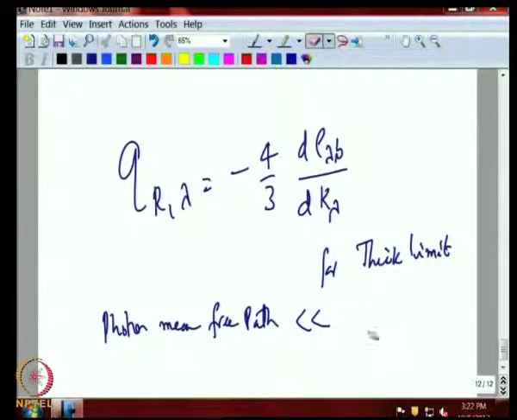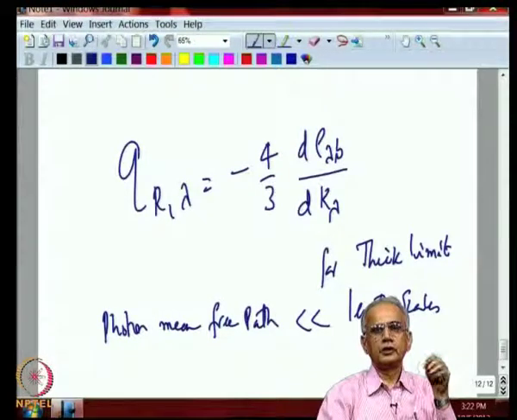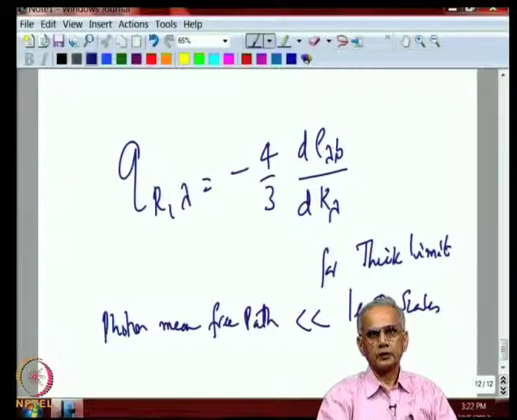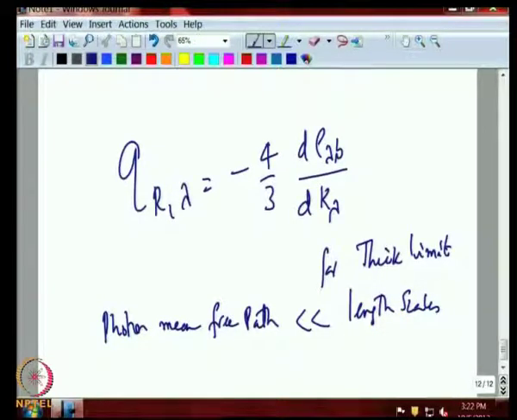So, that means that a photon hardly travels any distance, and so everything is controlled locally, and the local gradient plays an important role. This is what happens also in conduction and convection, which many of you have studied, and so we will continue this discussion in the next lecture, and we will show how this result is very useful.